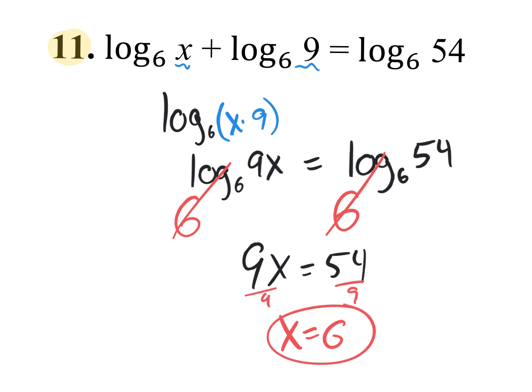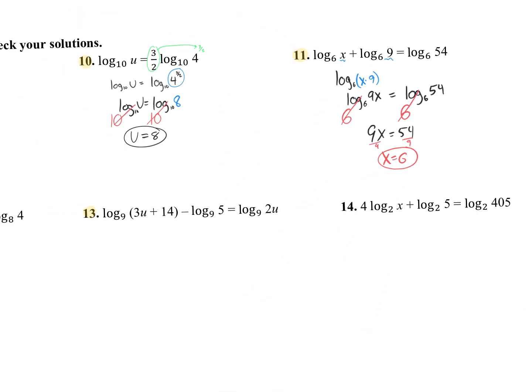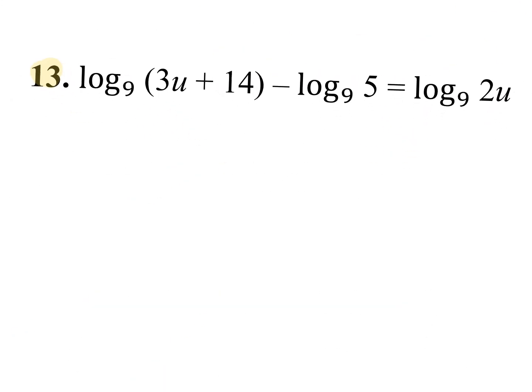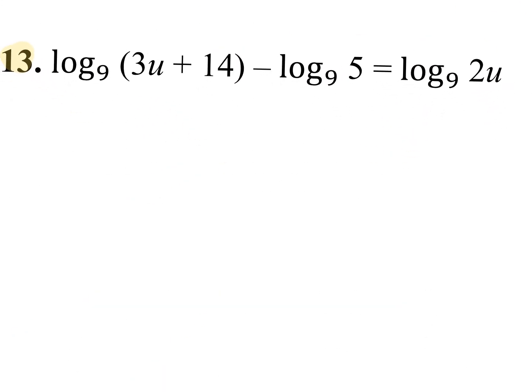And just take a quick moment and make sure that if you plug it in for x, you don't end up with the log of a negative or log of 0. And it doesn't, so you're good. That's your answer, x equals 6. Any questions? No. Excellent.